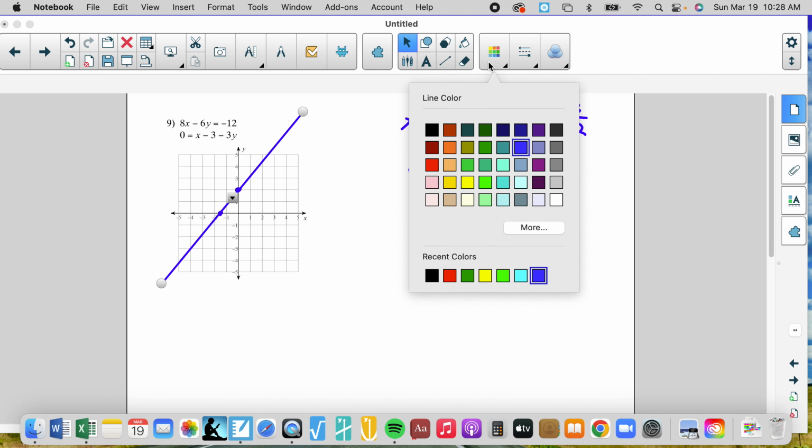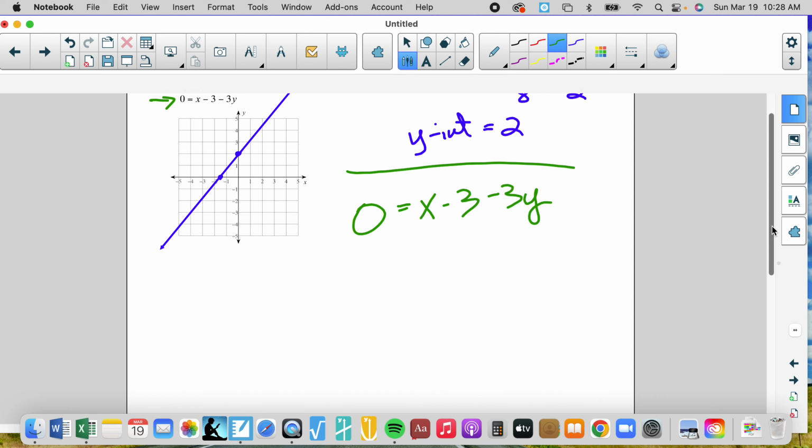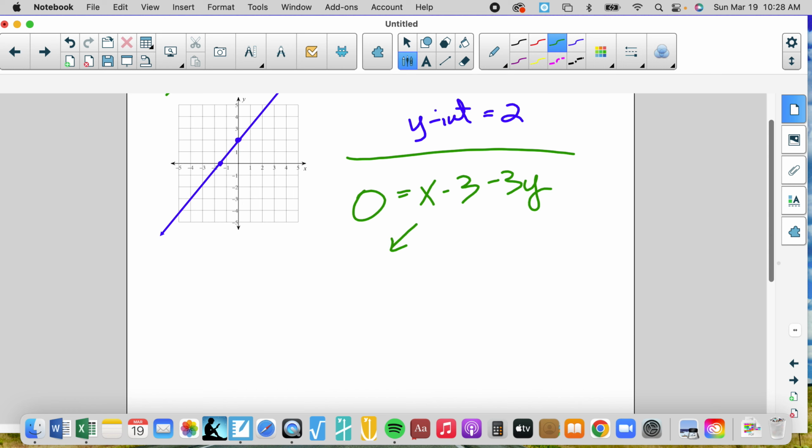So this is where the real work comes, is you have this equation 0 equals x minus 3 minus 3y. So you got to decide, how do I want to rearrange this? Do I want to put it in slope-intercept form? Or do I want to put it in standard form?